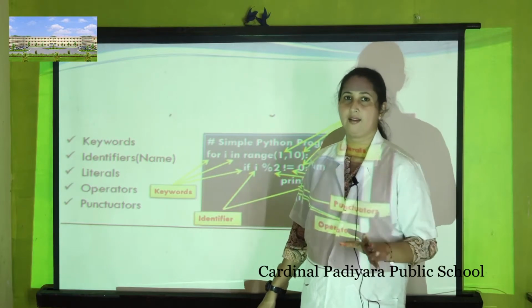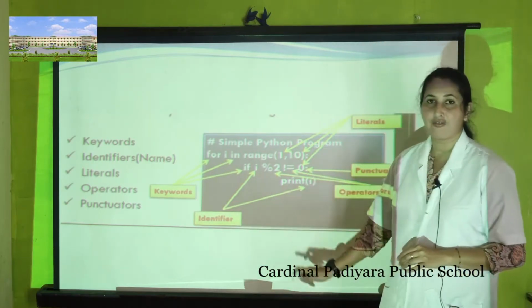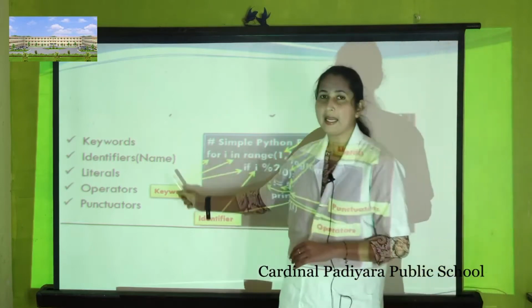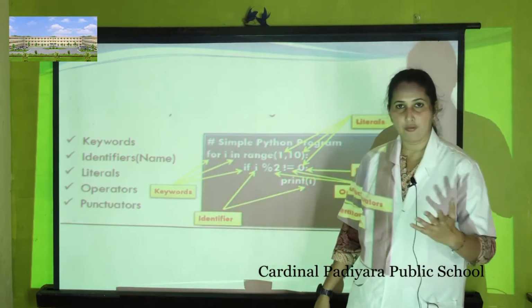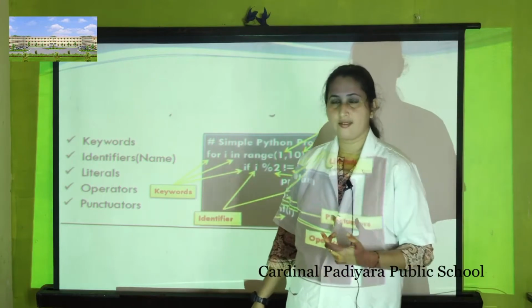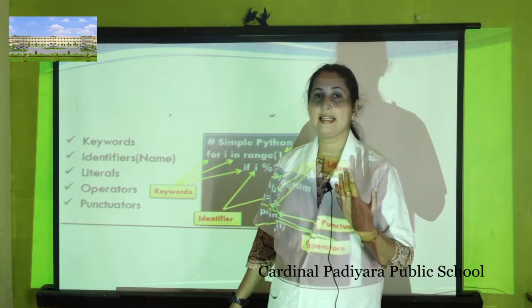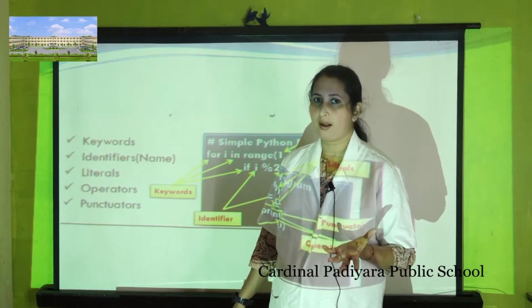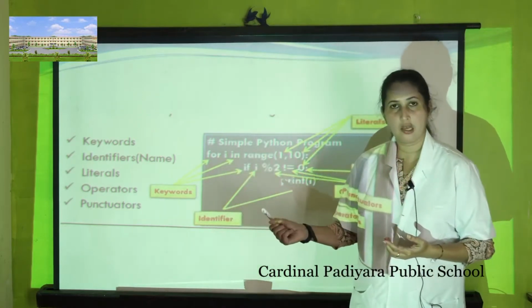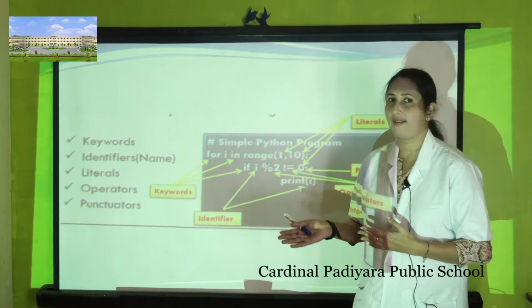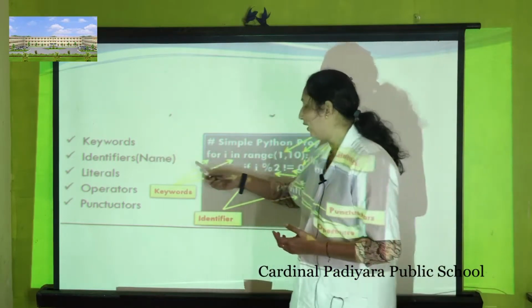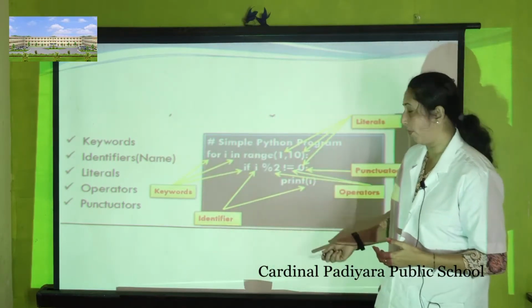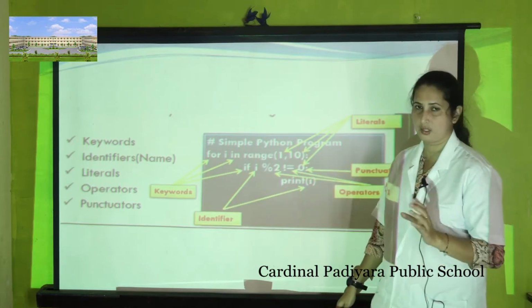That is built in. Next is identifiers. Identifiers means names given to a variable, function, object or class. An identifier is a name given in a program. Here you have to identify the identifiers in this program. Identifiers means just variables.